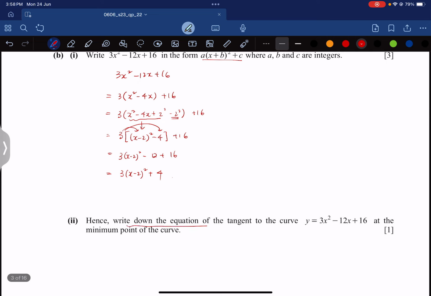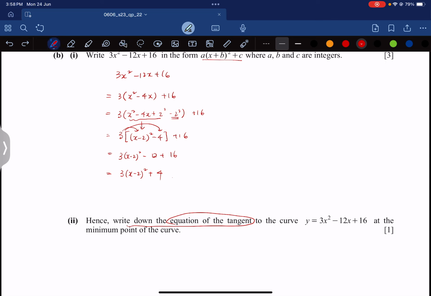Hence, write down the equation of the tangent to the curve at the minimum point. We know that at a minimum or maximum, the tangent line must be horizontal, right?